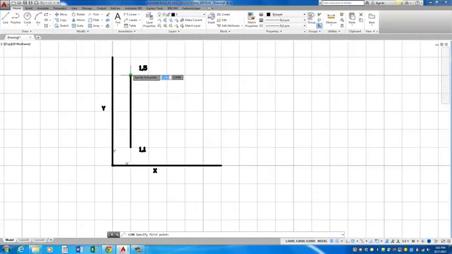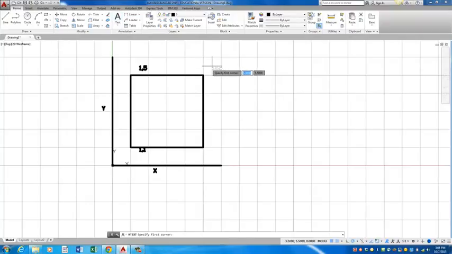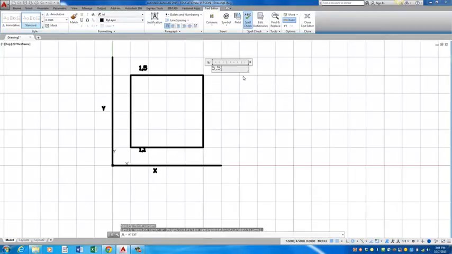Okay, let's draw another line. I'm going to actually close up this box here. And we're just going to define all four corners. So this corner right here, using absolute coordinates, you have to count over 1, 2, 3, 4, 5. So x5, y5. 5, comma 5.